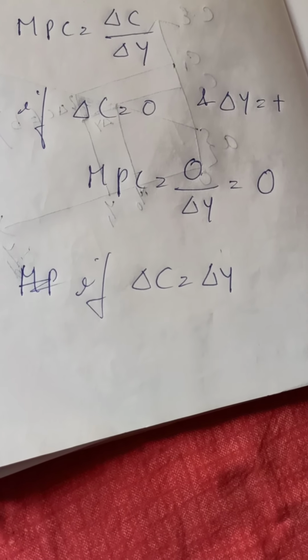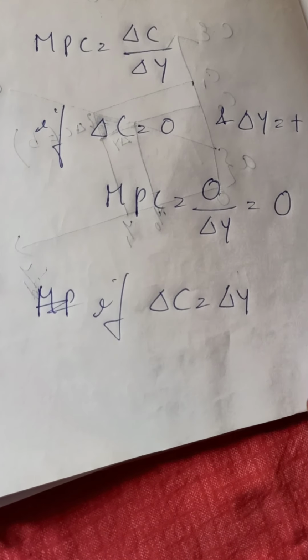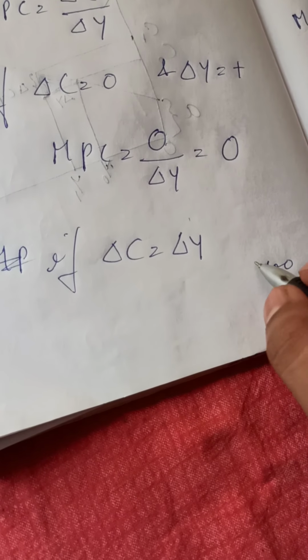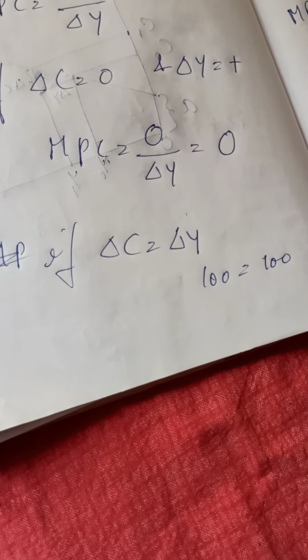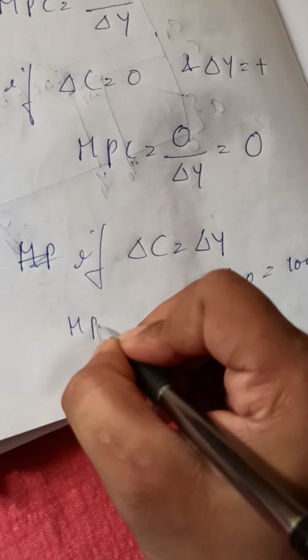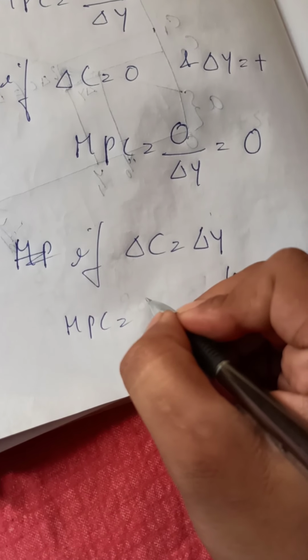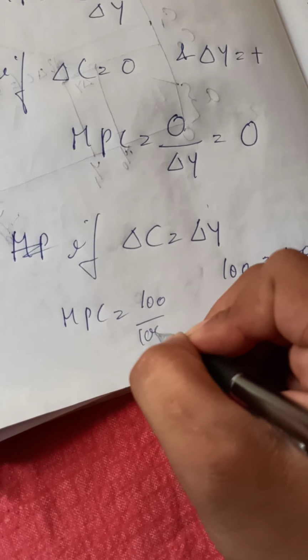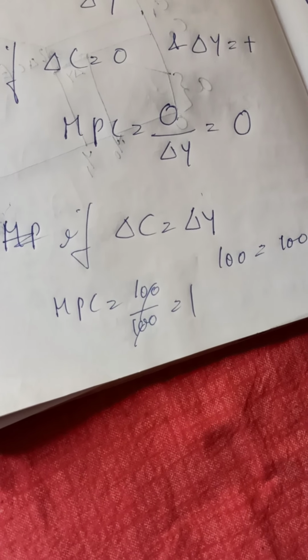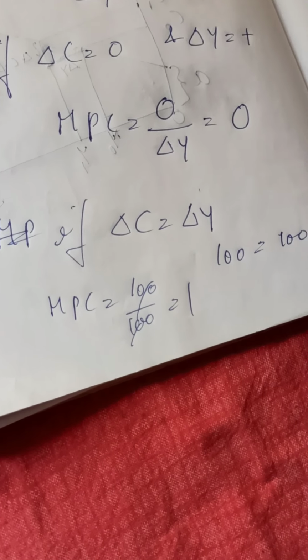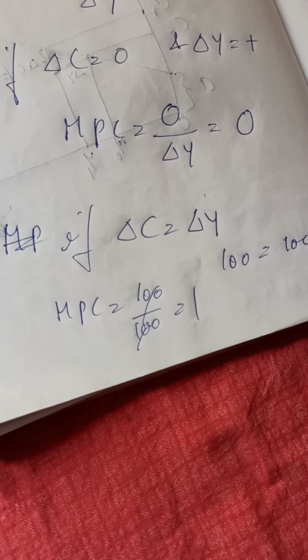Your income has increased by 100 rupees, and your consumption has also increased by 100 rupees. So in that case MPC will be 100 by 100 equals 1. So maximum it will be 1, minimum it will be 0.